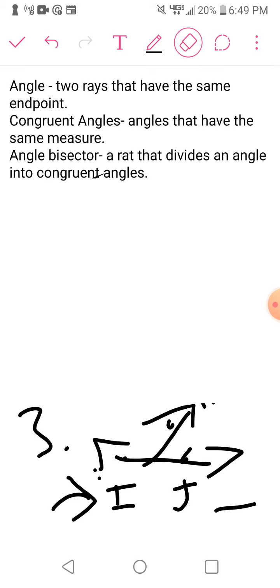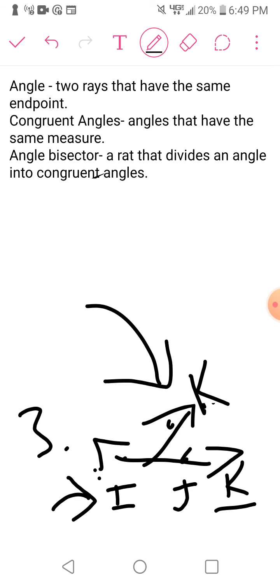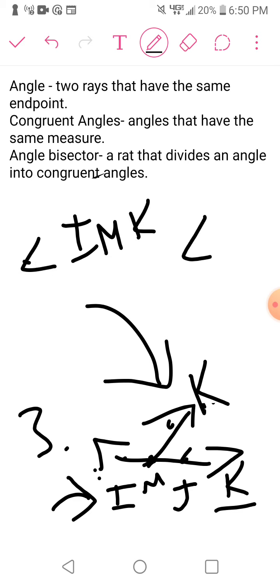Alright, number 3. Which point is on the angle bisector? I, J, or K? The answer is K. The angle bisector is the thing that divides the angles, which, let's say there was another point here, M. It separates angles IMK and JMK.